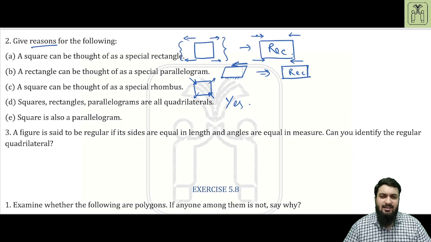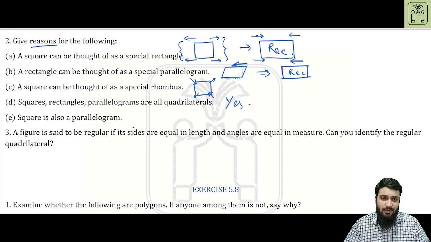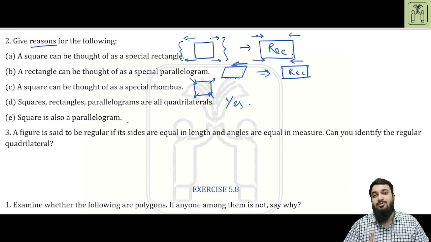And if I take that rectangle and I apply compressive force on it, then the rectangle will become a square. Then a parallelogram can become a square, or you can say that a square is a special case of a parallelogram. Parallelogram is not a special case of square. However, a square is a special case of parallelogram.